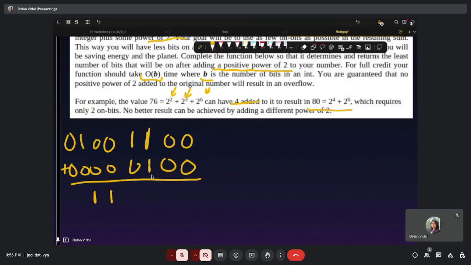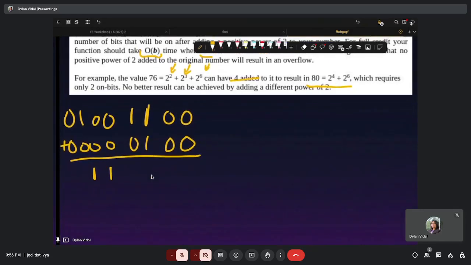There you go. And we're adding an on bit to position 4. So that 4 is right here. Right? And our resulting number is going to be 0, 1, 2, 3, 4.